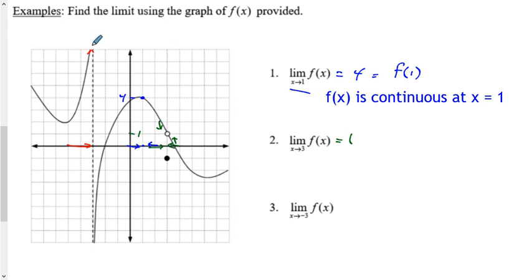As I look at coming from the right-hand side, as my x value comes this way, my y values go down here and they're approaching negative infinity. Well, they're not approaching a finite value and they're approaching different infinities. So we would say that this limit does not exist. And often I'll abbreviate that just with a DNE to represent does not exist.